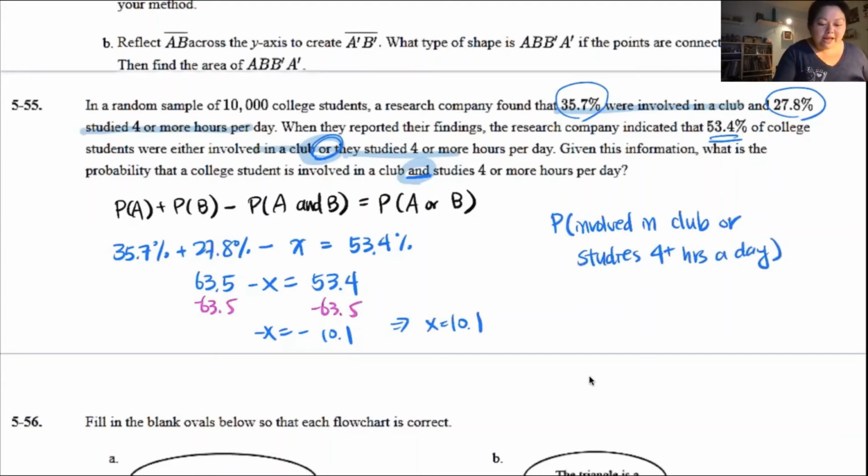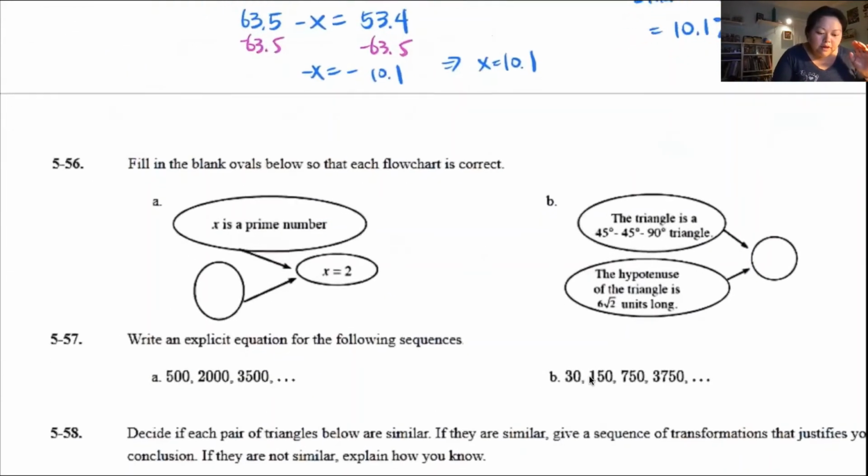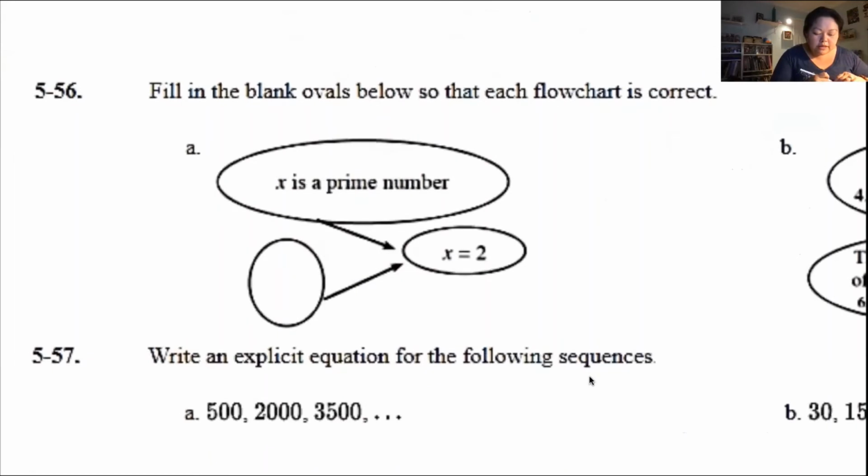Oh, sorry, not or, and. This is the and. That's what we're solving for. Sorry about that. And, right, is equal to 10.1%. Okay? So you have the A, you have the B, you have the or, so you can solve for the and. Okay? All right.